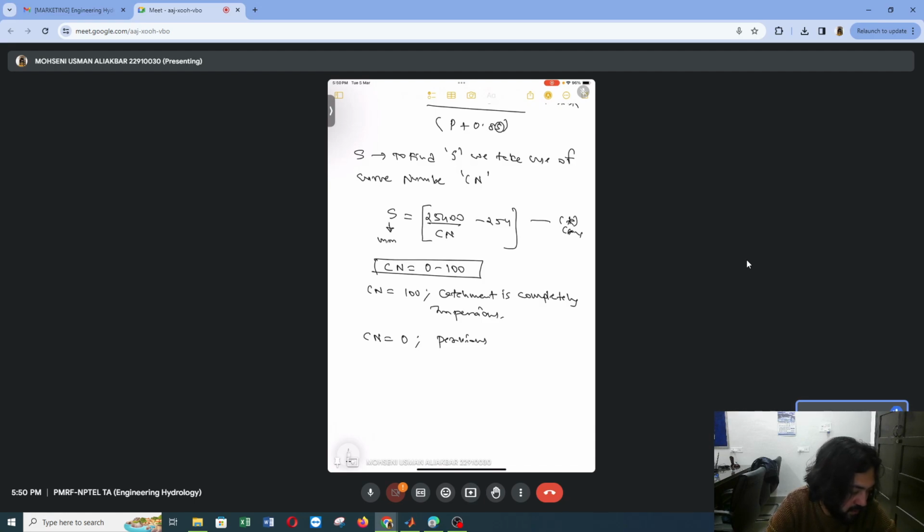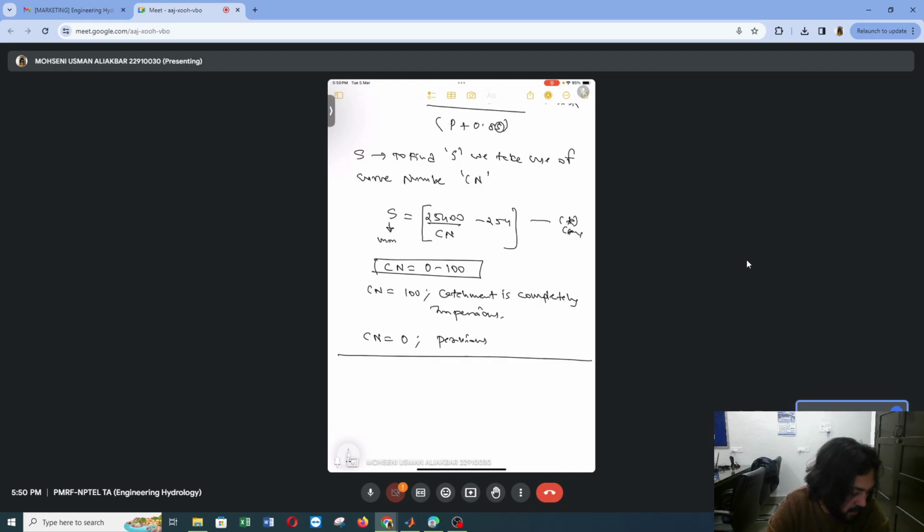This could be a case where there is more perviousness, and we can say it implies a water body. So if Cn is less, S will be more. We can also say that if the Cn value is less, the surface is a vegetated surface, and for a vegetated surface we know infiltration will be more.